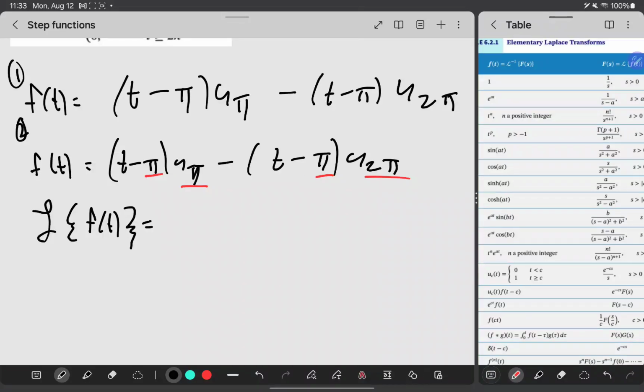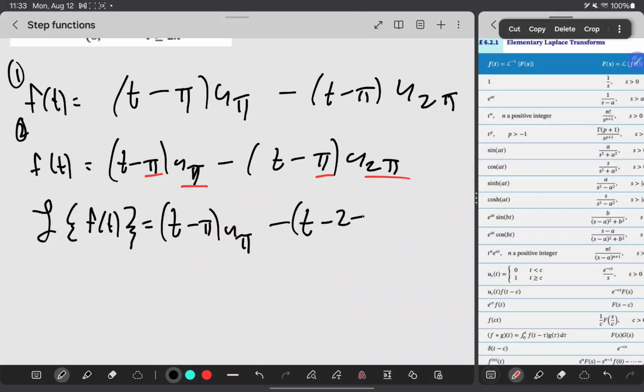We need the 2 pi in there, right? So we're going to have to rewrite this negative pi. So we need a 2 pi and then minus 2 pi. If we add a pi, that'll be negative pi.